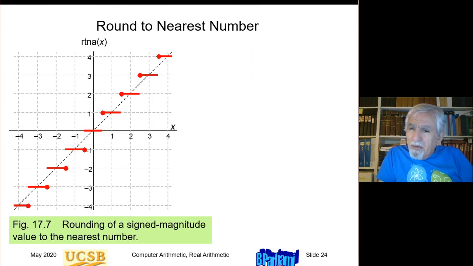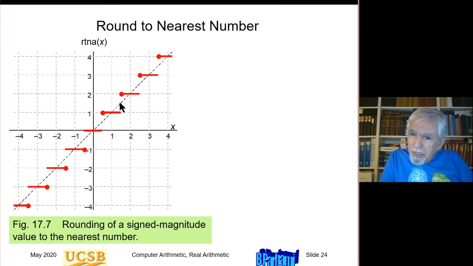So this is the rounding scheme we are used to in manual calculations. It's round to nearest. So when we have a value such as 1.3, we round this to the nearest integer, which happens to be 1. If you have 1.8, you round it to 2.